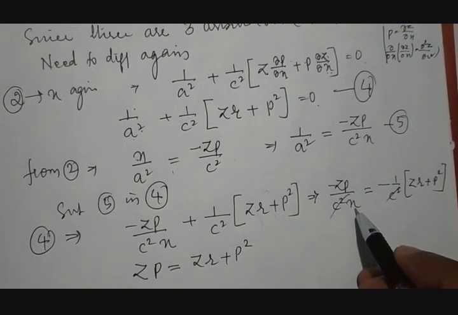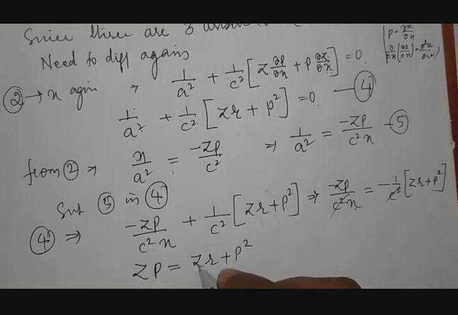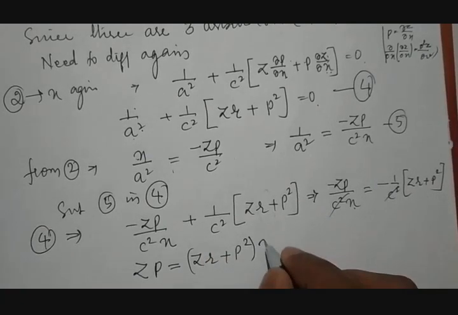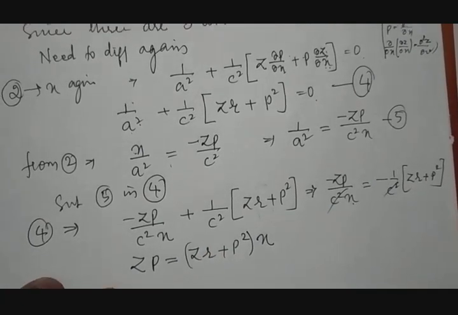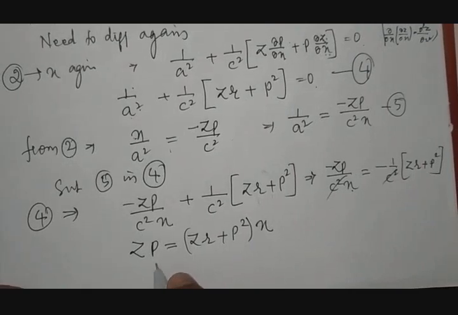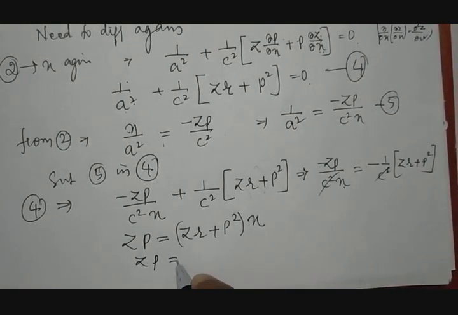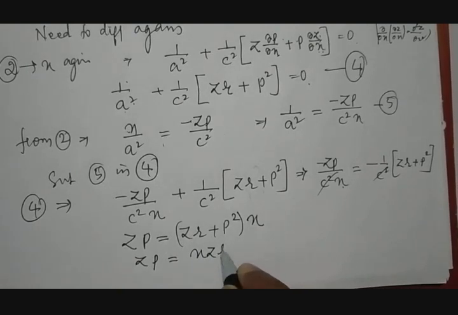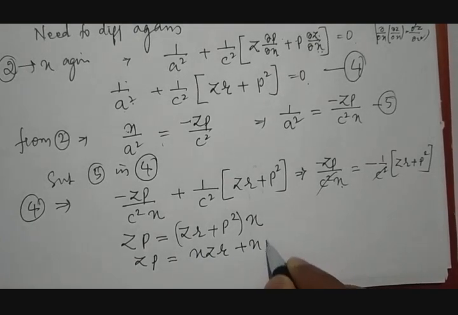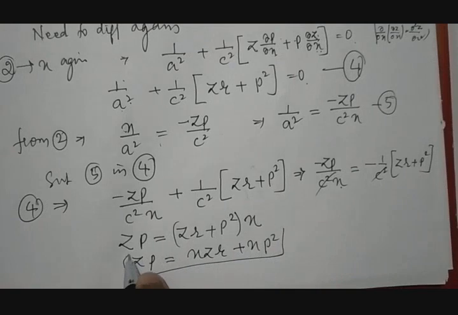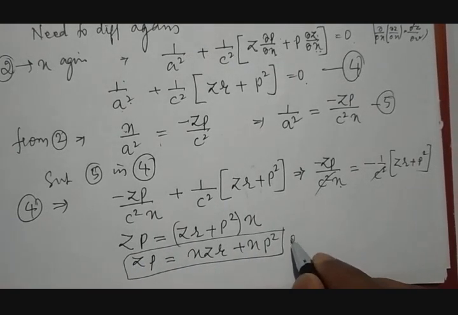This x will go to the other side, meaning it becomes into x. Or else this is nothing but zp is equal to xzr plus xp square. So this becomes the required differential equation.